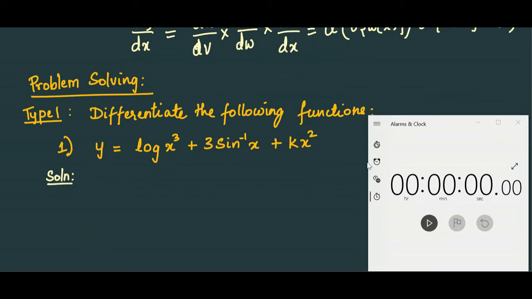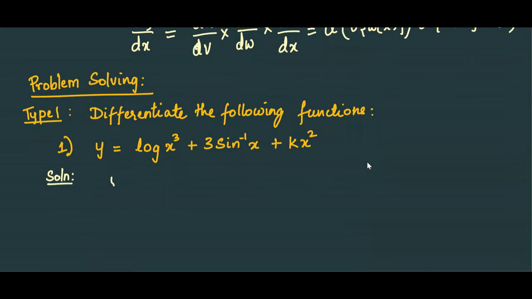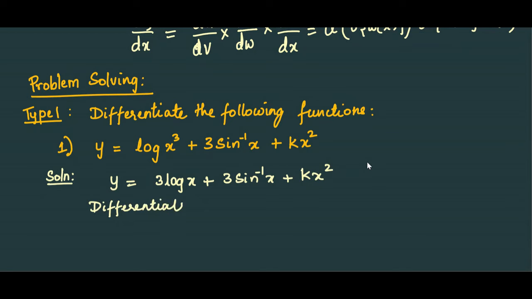Okay. So when we differentiate, first of all, we will simplify this. We can write this as 3 log x plus 3 sine inverse x plus kx square. Now, when we differentiate with respect to x, we get dy by dx.